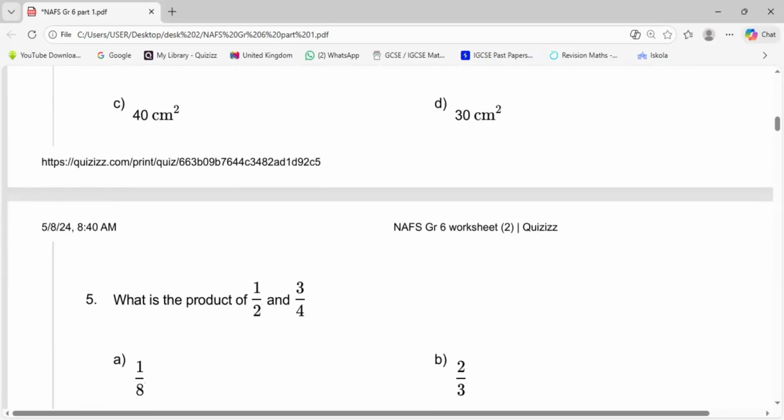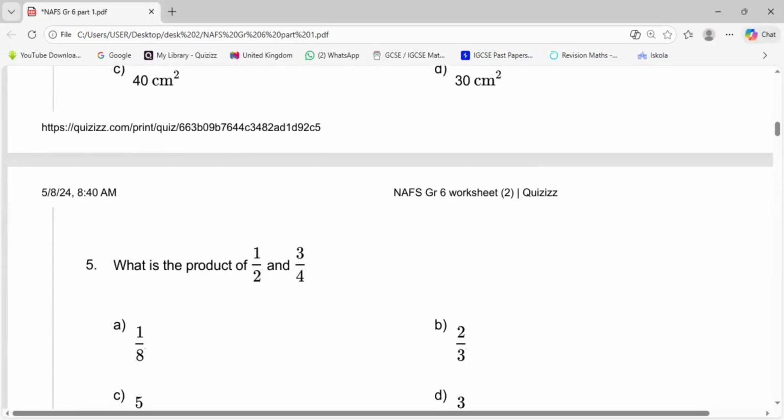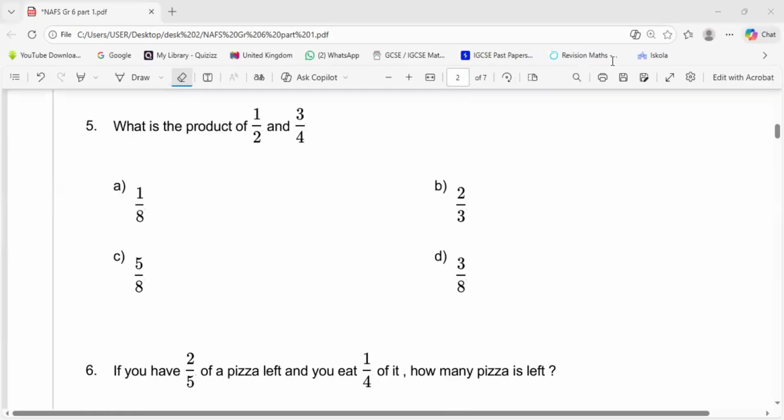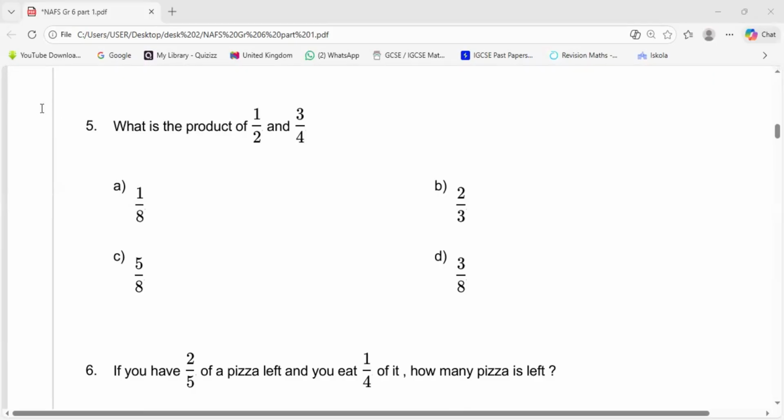Number 5. What is the product? You know product means multiply. We can multiply the first one, 1/2 multiplied by 3/4. As we said before, I think it's repeated.